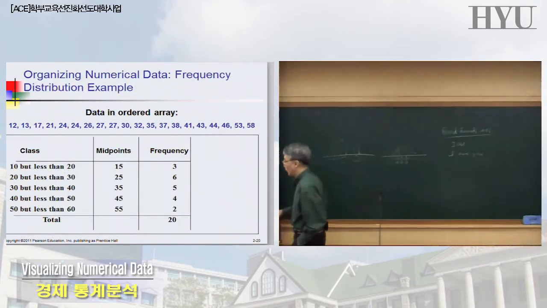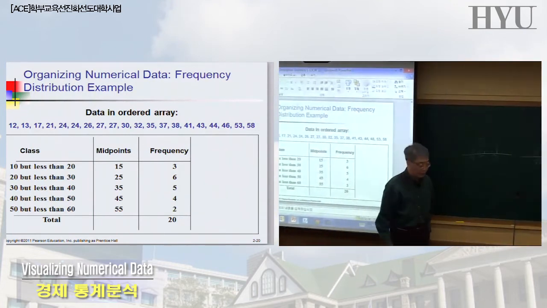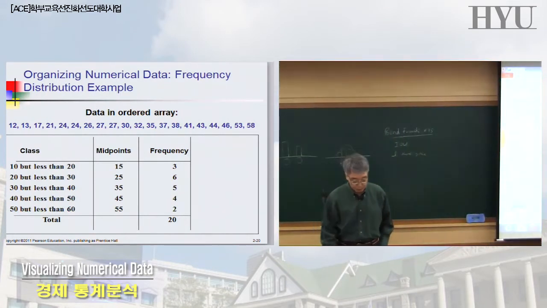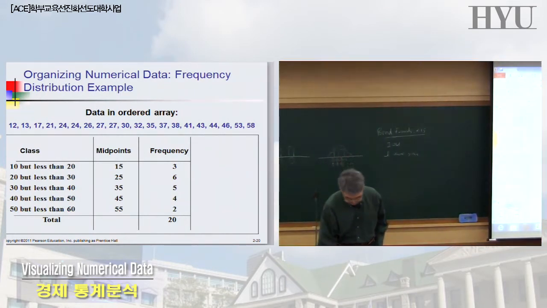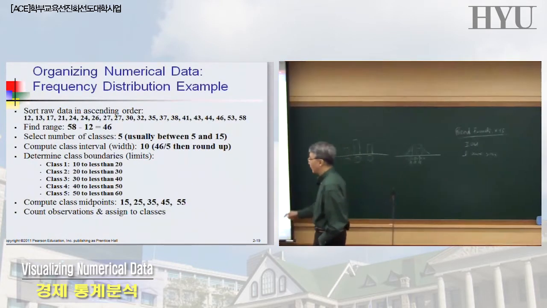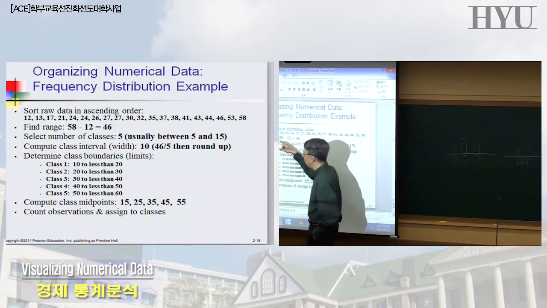So we need to have these classes. Okay? And last class we talked about this, okay? The general rule of thumb was, well, usually between 5 and 15 classes. Right? So in order to do that, we have to first figure out the range. What's the minimum number?